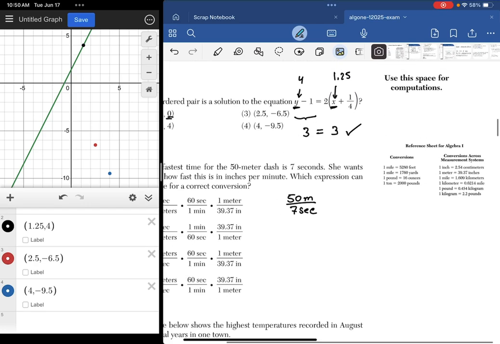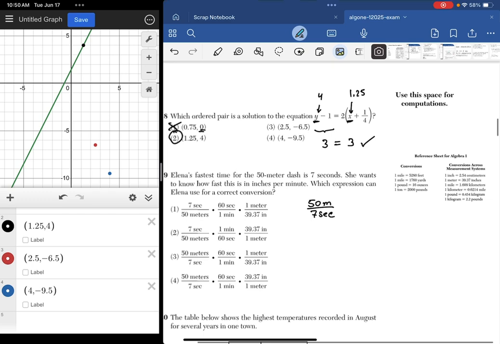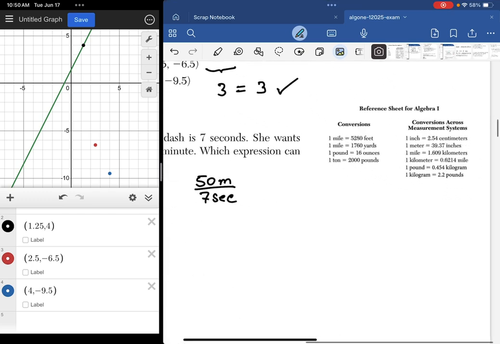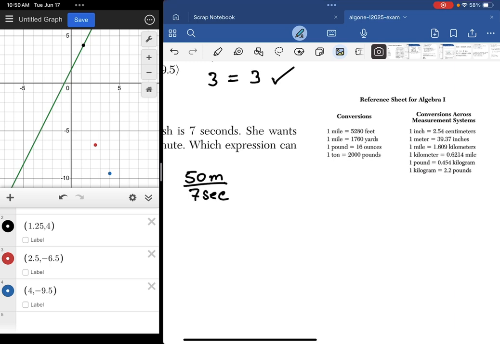I need to go from meters per second to inches per minute, all right? So the easy first step would be to take care of the time component, because there's 60 seconds in 1 minute. So I'm going to multiply by a ratio that's equivalent to 1, with the idea that I want to cancel out seconds and introduce minutes.